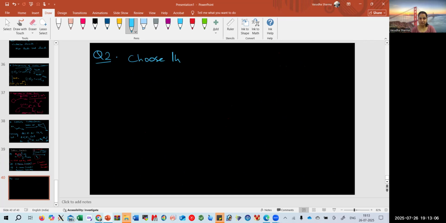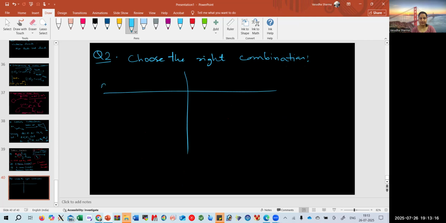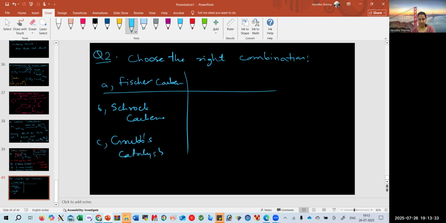choose the right combination. Fischer carbene, Schrock carbene, Grubbs catalyst, Tebbe's reagent.